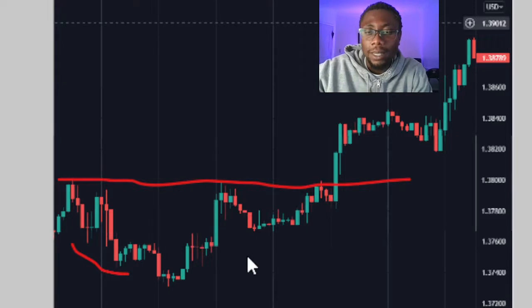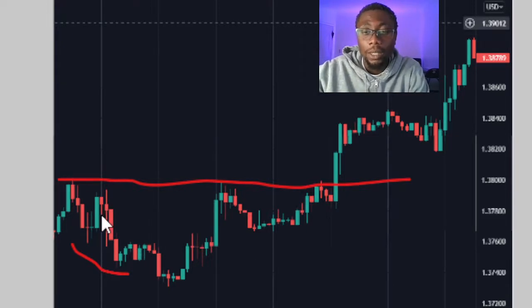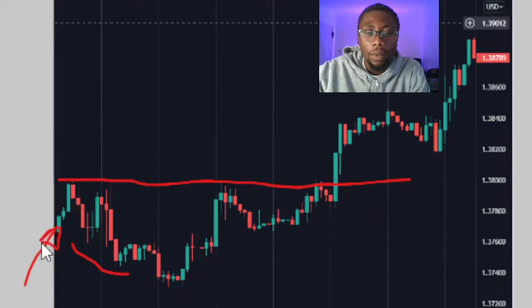Anyways, in any case, we have price run down, attempting to retrace after this previous move that had happened over here, and it fails to do so. This move that happened here, price fails to get down to the level in which it previously was at.